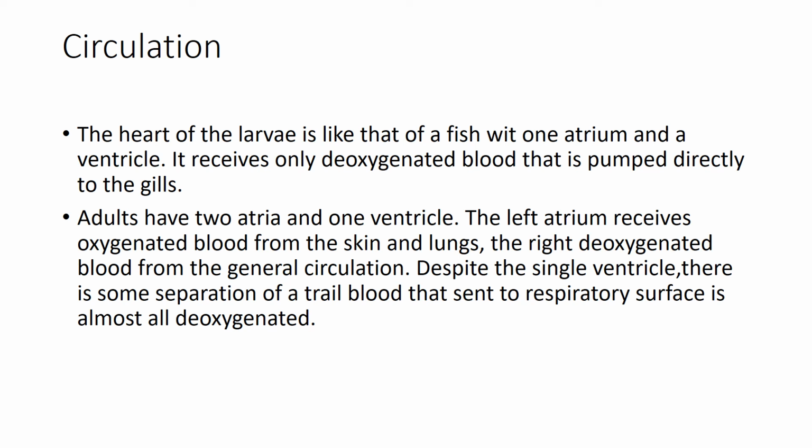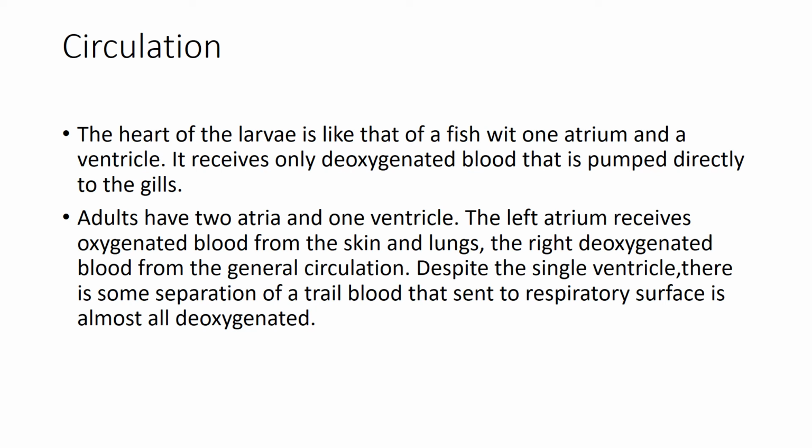So from there we are going to the circulation, and we've seen already the circulation of blood in amphibians. The heart of larva is like that of fish with one atrium and one ventricle. It receives only deoxygenated blood that is pumped directly to the gills. In adults, they have two atria and one ventricle, as we said earlier.